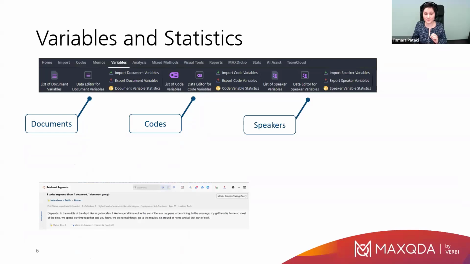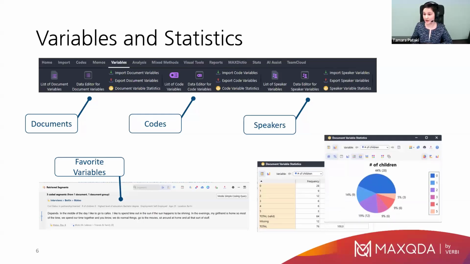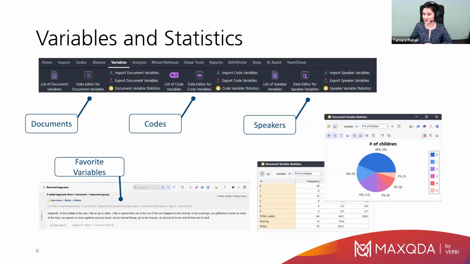So when it comes to retrieving qualitative information, you will always be able to see your favorite variables linked directly next to that. You can also use the variables to create statistics right in the software. So here, for example, I have just created a quick chart to have an overview of my respondents. How many children do they have in this project?